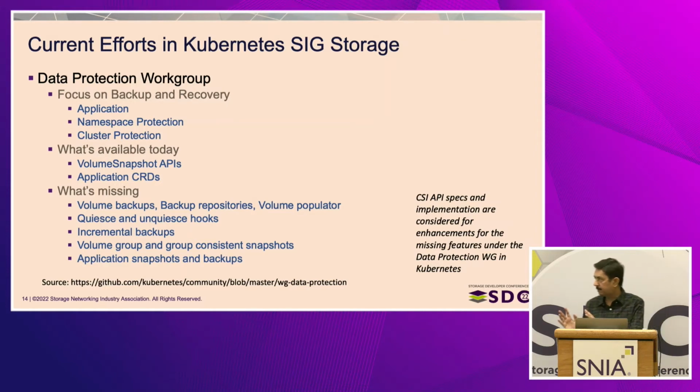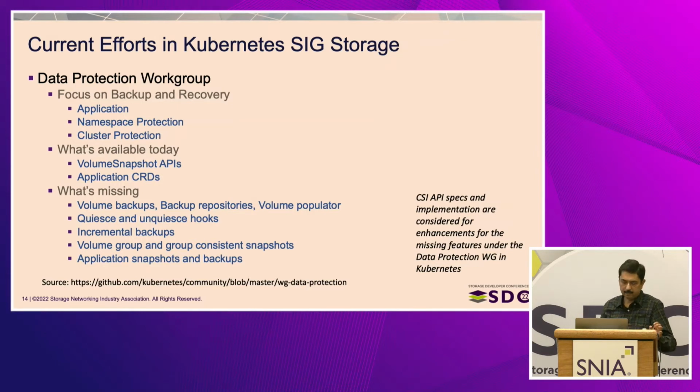So that's the focus, that you can completely back up your application and completely restore it, in the same cluster, in a different namespace maybe, or in a different cluster. So that's key. Other is namespace protection, which is basically you have maybe multiple applications or a partial application deployed in a particular namespace, and you want to just back up that namespace and restore it elsewhere.